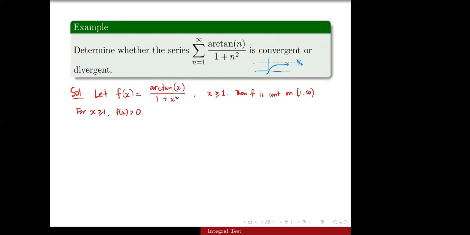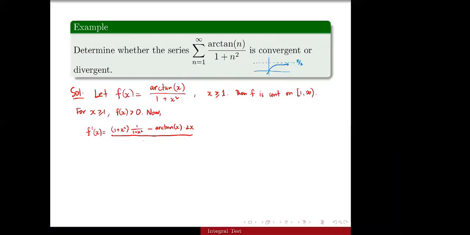And then, decreasing. Now, f prime of x. So you have low, 1 plus x squared, times derivative of high, so derivative of arctan, it's 1 over 1 plus x squared. Correct? The derivative of arctan. Minus high, which is arctan of x, times derivative of low, which is just 2x.